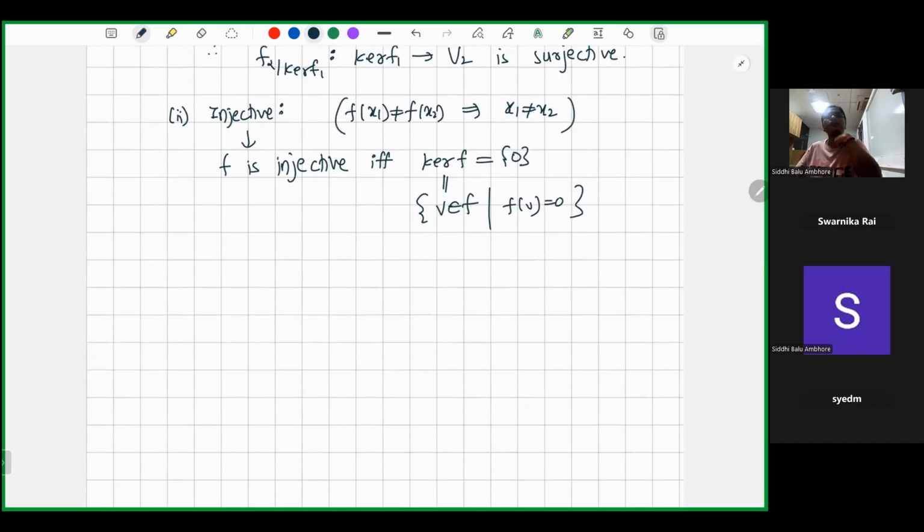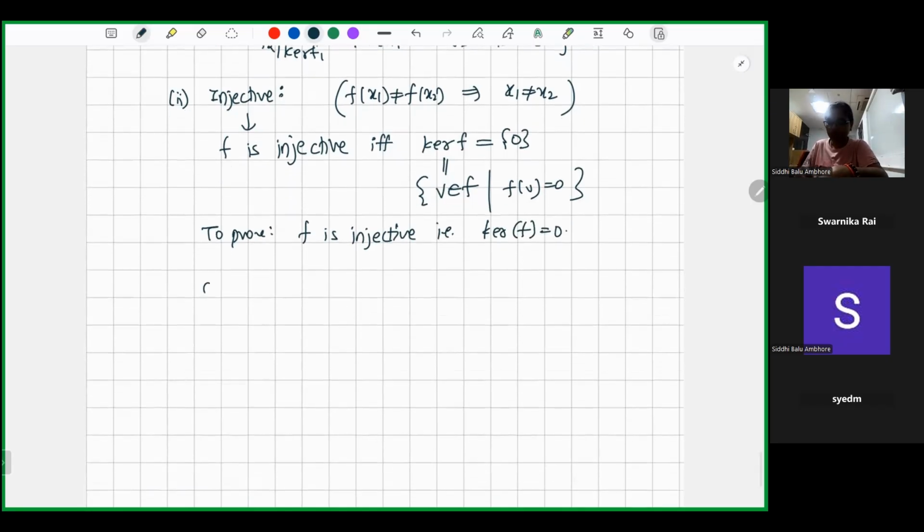Is this okay? So the injectivity statement is there, and we will make use of that. Suppose I want to check that f is injective. I need to prove that f is injective. We will prove that the kernel of f is 0. So suppose y belongs to kernel of f.